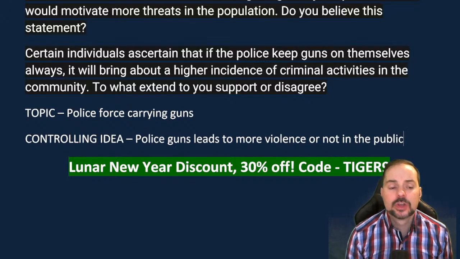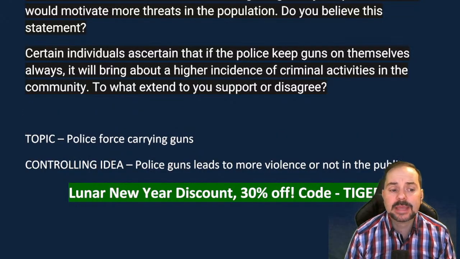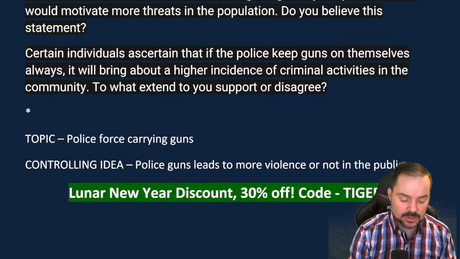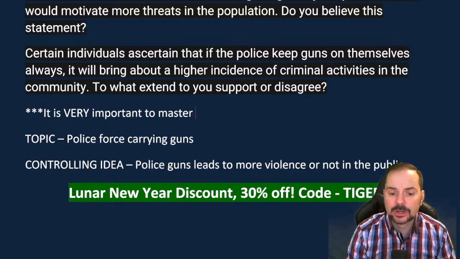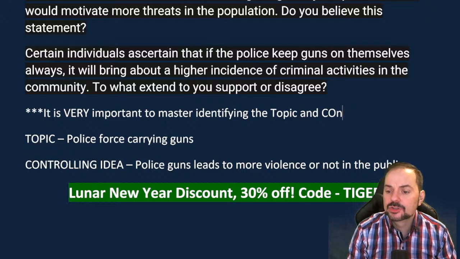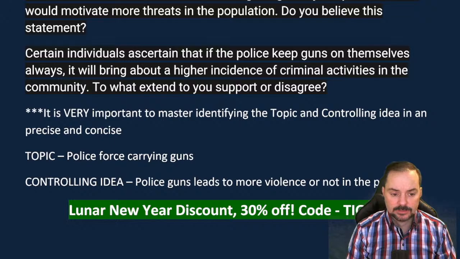Okay, so when you're identifying the topic and the controlling idea, everyone, your goal is to be accurate and concise. Okay, so it is very important to master identifying the topic and controlling idea in a precise and concise way.